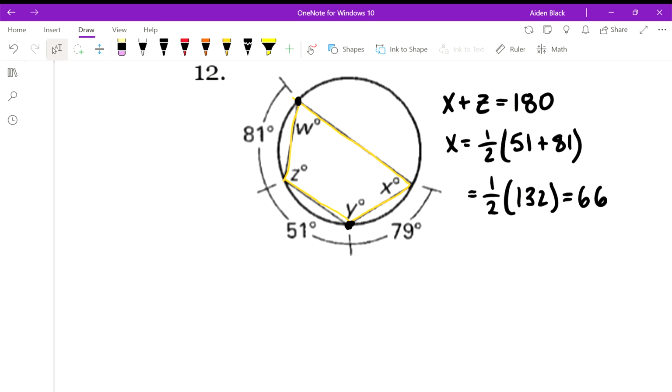Now we can look at those other angles, for example, w and y. I'll just write this out because I know it's true. Maybe it'll help me, maybe it won't. Y plus w equals 180. Now I'll just look at what the value of w is. W is equal to 1/2 its intercepted arc. And its intercepted arc here you can see is 51 plus 79.